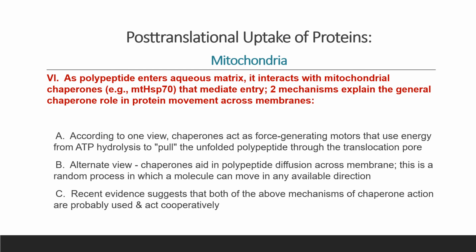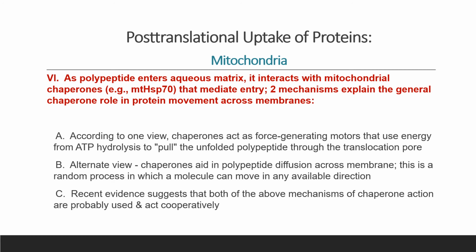As the polypeptide enters the aqueous matrix, it interacts with mitochondrial chaperones that mediate the entry. Two mechanisms explain the general chaperone role in protein movement across membranes. According to one view, chaperones act as force-generating motors that use energy from ATP hydrolysis to pull the unfolded polypeptide through the translocation pore.